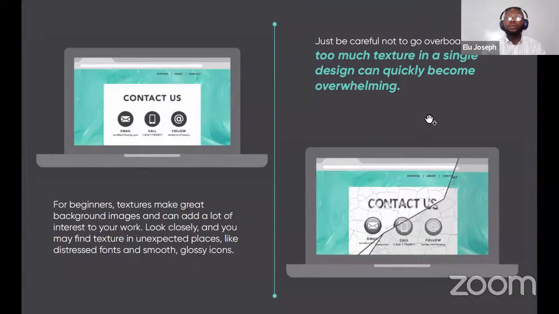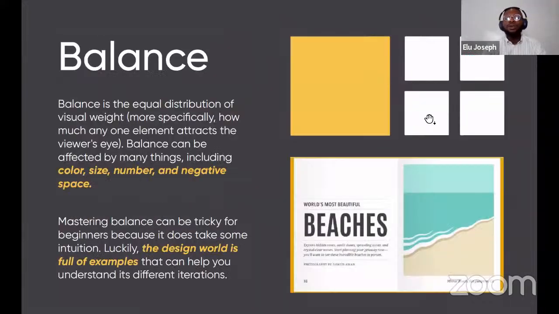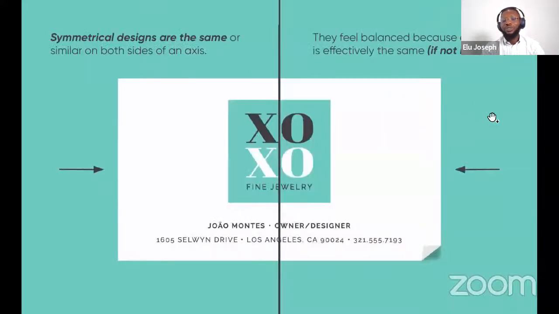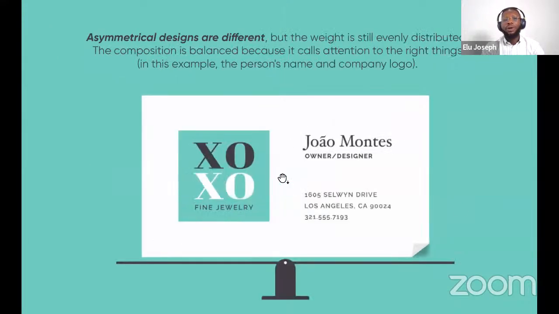Okay? So then balance, of course, a repeated name that came in from the principles and still came in here. Balance is a very popular guy. So negative space, color, numbers, sizes. Balance is very important. Then this was very fun when we had to decide symmetrical or asymmetrical yesterday.